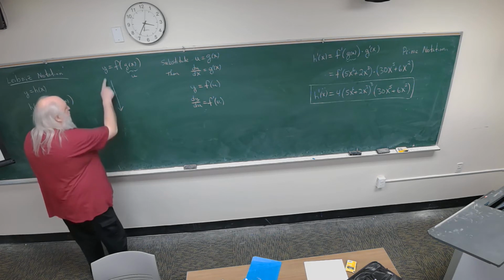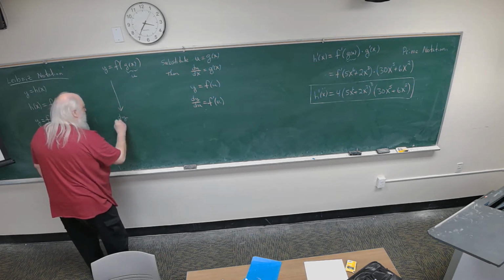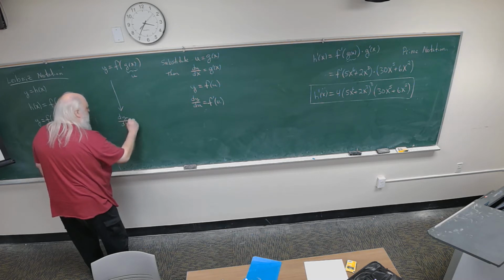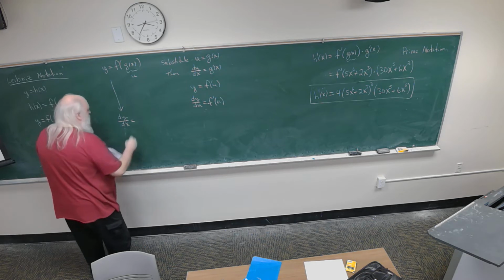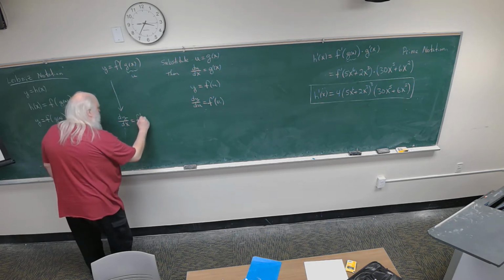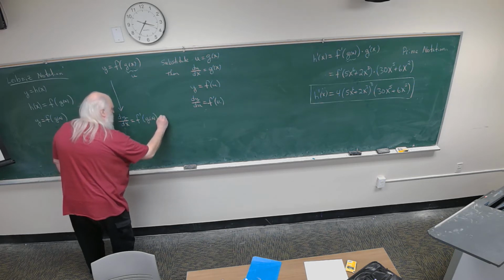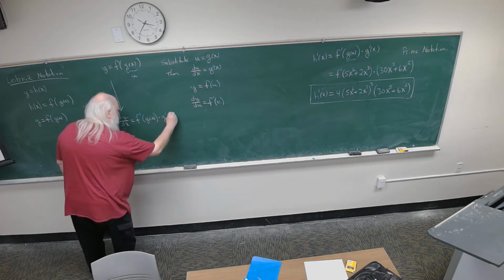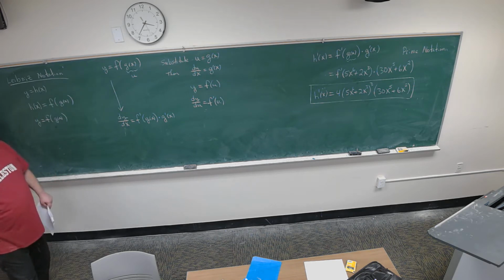So going back to our composite function, the derivative of y with respect to x, from the definition of the derivative of a composite function, is equal to f prime of g of x times g prime of x. That's the definition of the derivative of a composite function on the right-hand side.